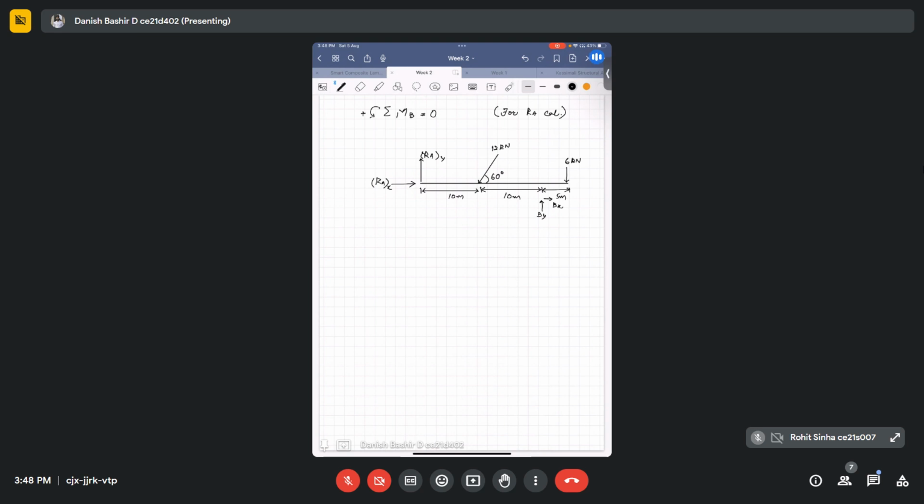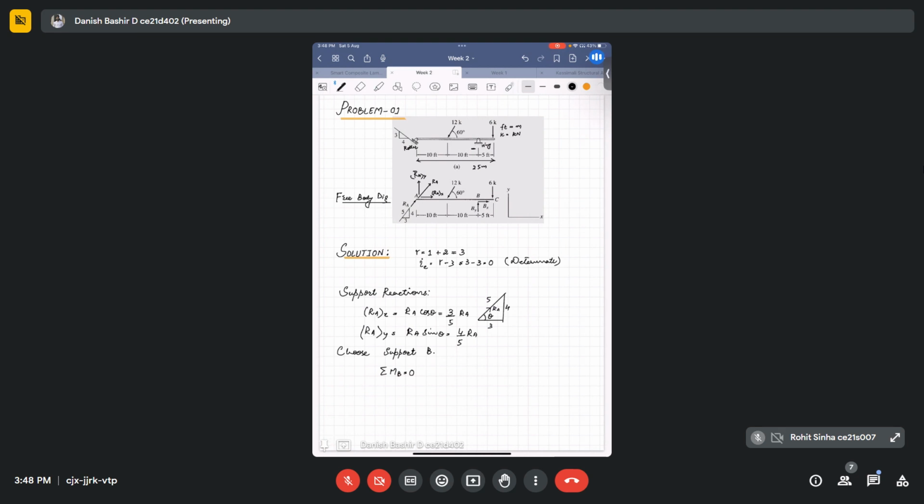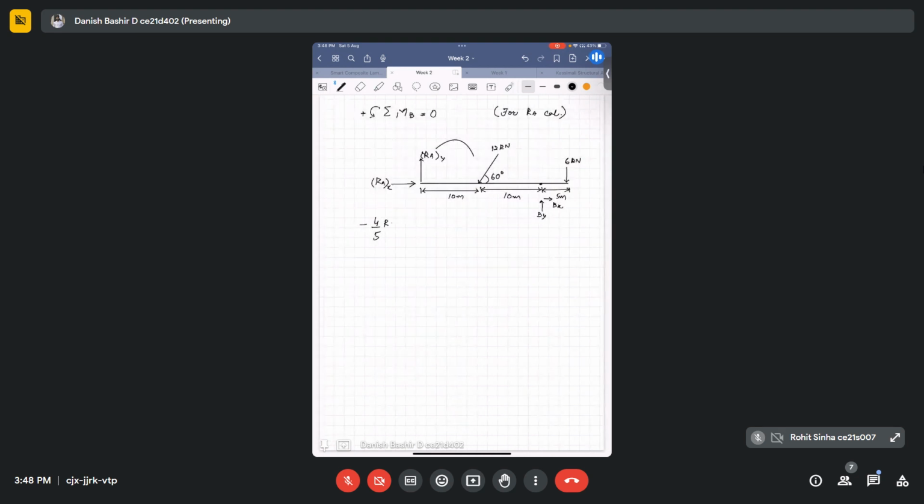So on B we are writing summation of MB is equal to 0. RAX is passing through B, so there will be no moment because of RAX, and RAY is creating a clockwise moment, so it is negative. RAY is equal to 4 by 5 RA. Then the second thing is the 12 kilonewton force, which is creating an anti-clockwise moment.